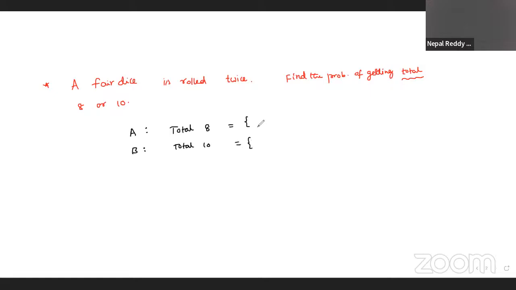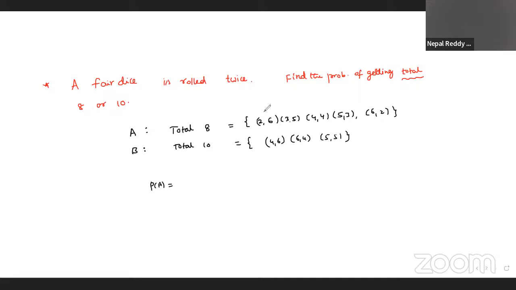Therefore, total 8 is possible for (2,6), (3,5), (4,4), (5,3) and (6,2). Next, total 10 means (4,6), one possibility, (6,4), another possibility, and (5,5), another possibility.